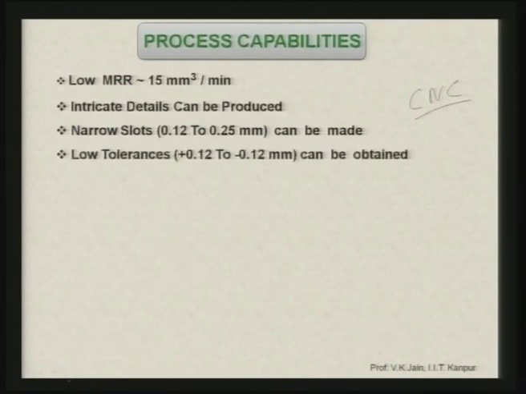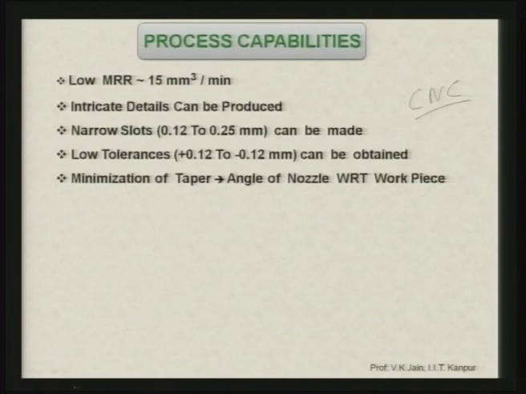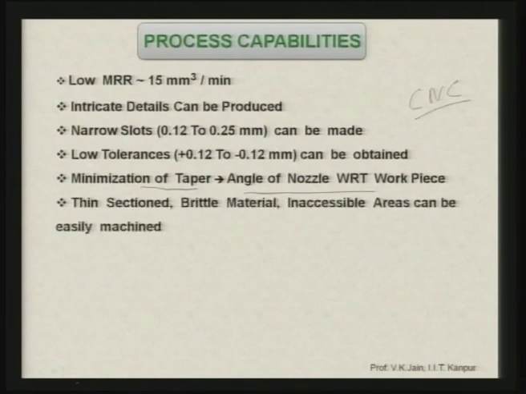Low tolerances can be achieved, plus minus 0.12 millimeter. Minimization of taper angle of the nozzle with respect to the workpiece: this taper can be minimized by properly setting the angle of the nozzle with respect to the workpiece. Thin sections can be machined. It is very good for brittle materials.